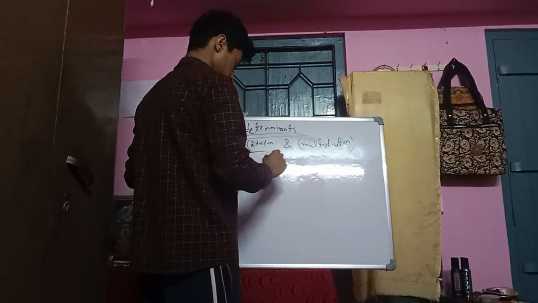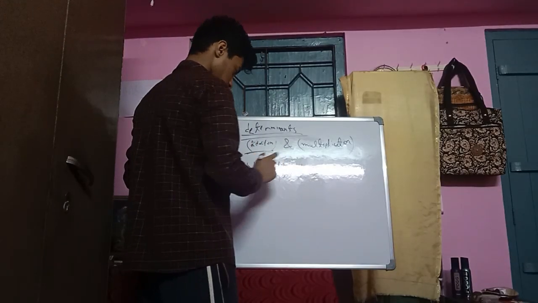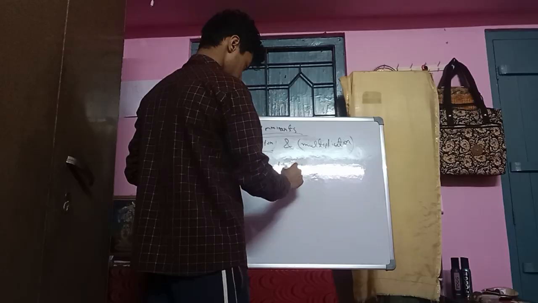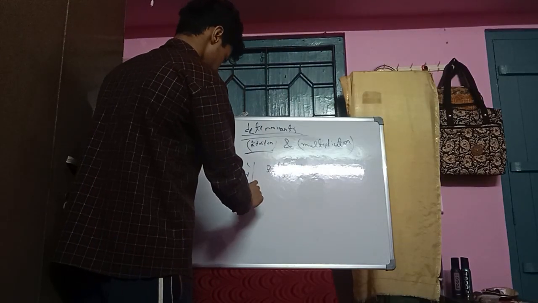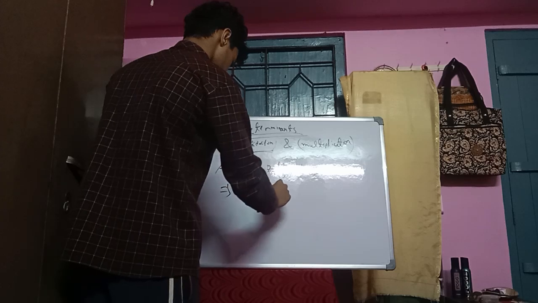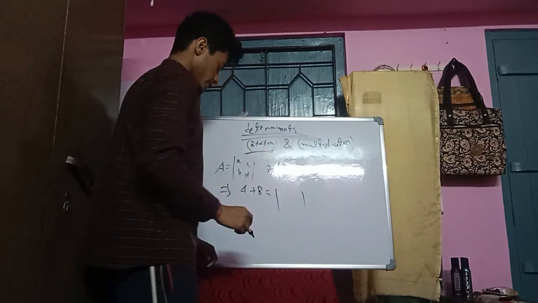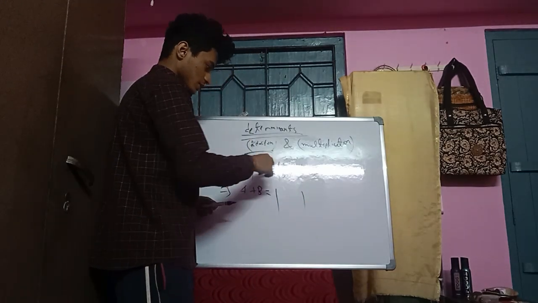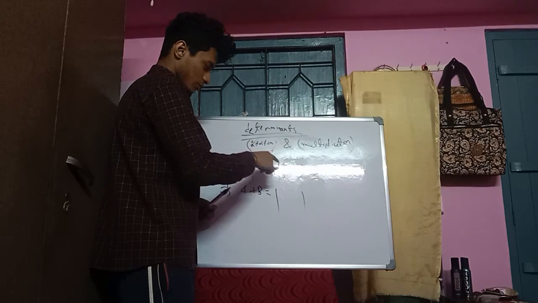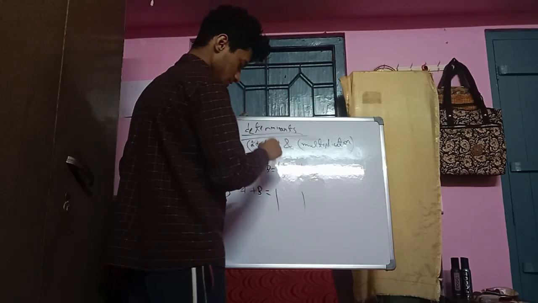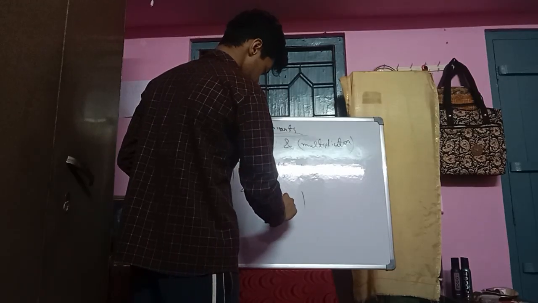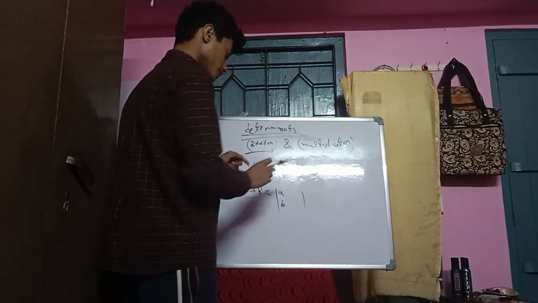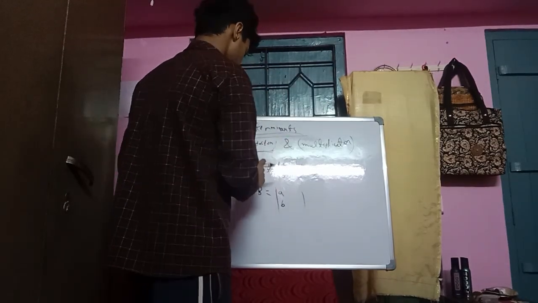Okay? So how does addition work? Let's say these two have the common first column. In this case, A plus B would give us a 2 by 2 determinant in which the common column, which consists of the elements A and B, would remain the same, and the other columns would add up together.